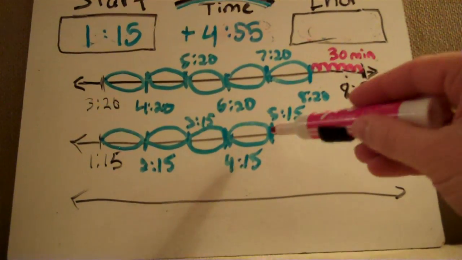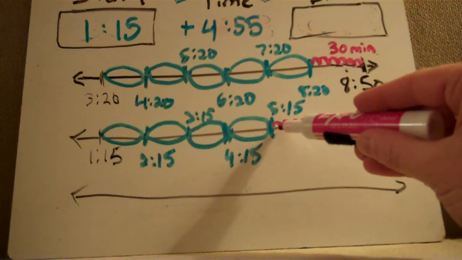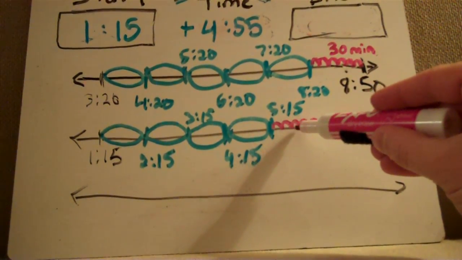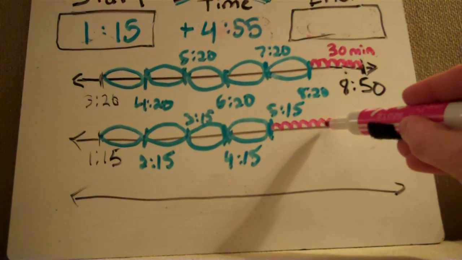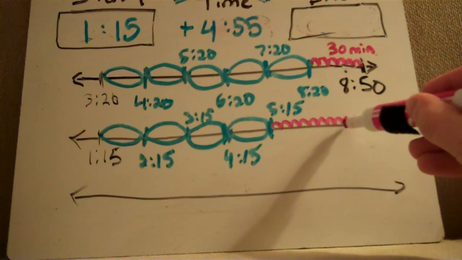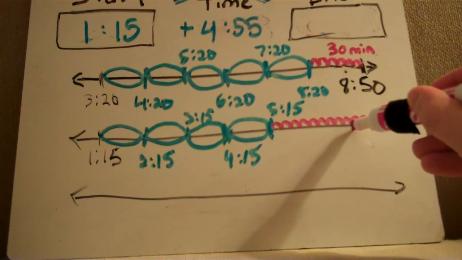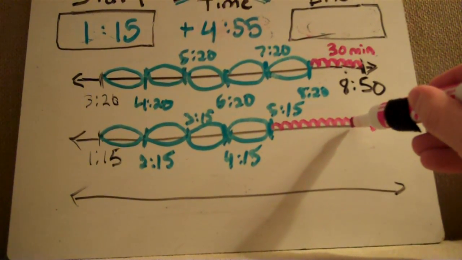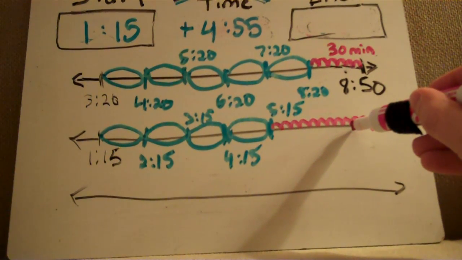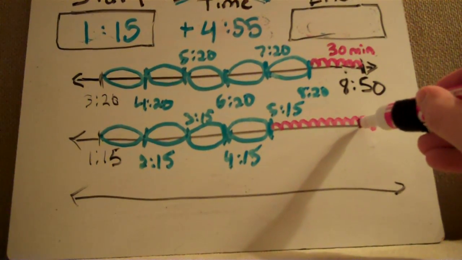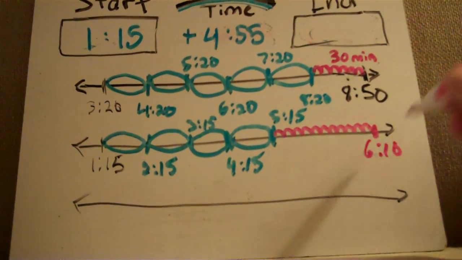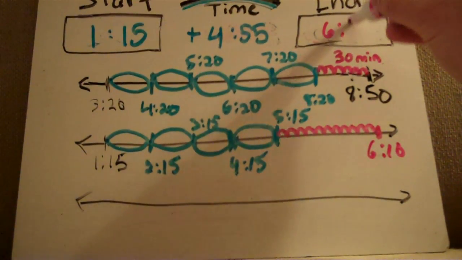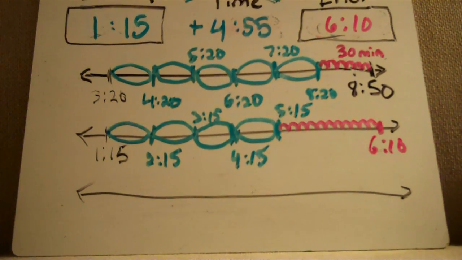Here's 5:15, 5:20, 5:25, 5:30, 5:35, 5:40, 5:45, 5:50, 5:55, 5:60. Oop, but we don't say 5:60, we say 6 o'clock. 6:05, 6:10. There's our end time. 6:10 p.m. And that's exactly right.